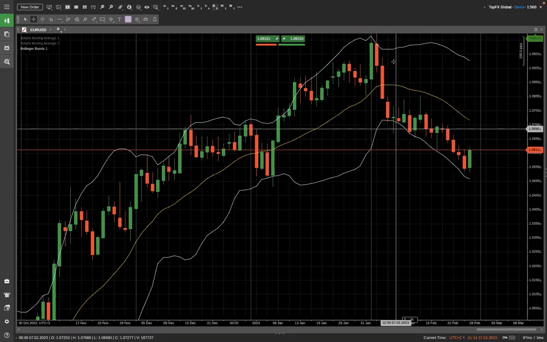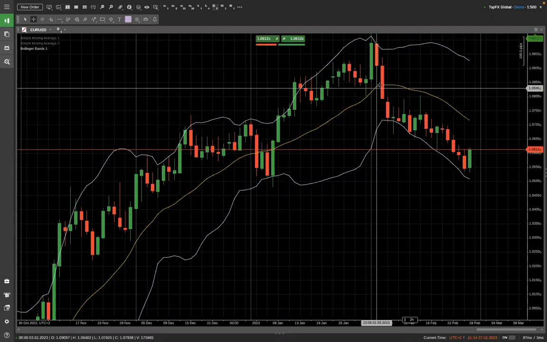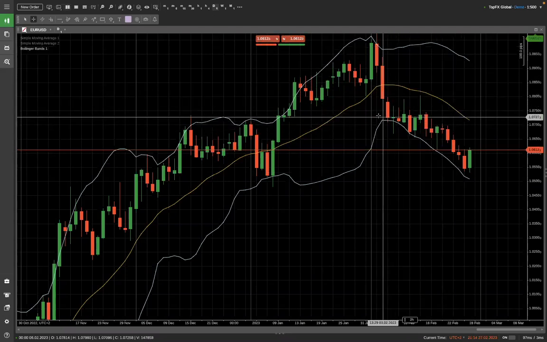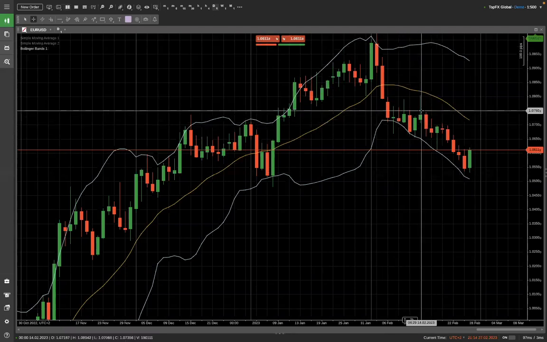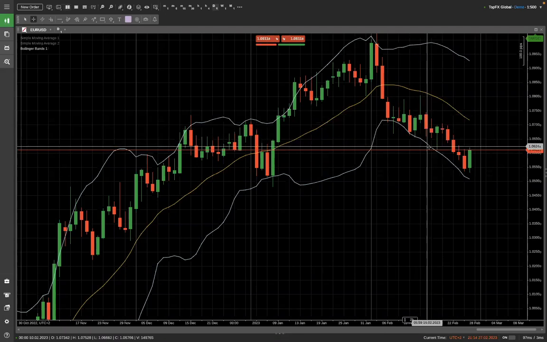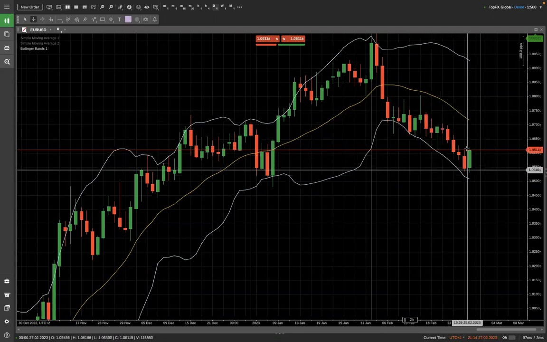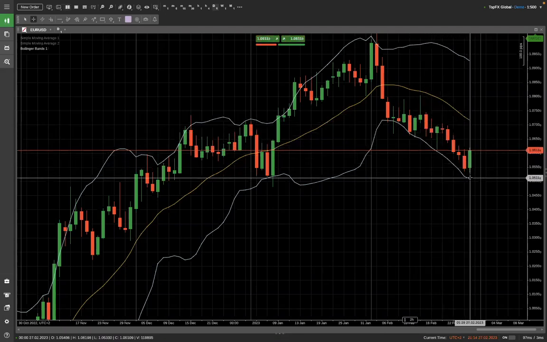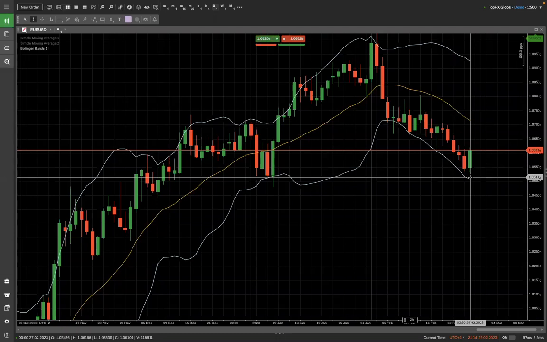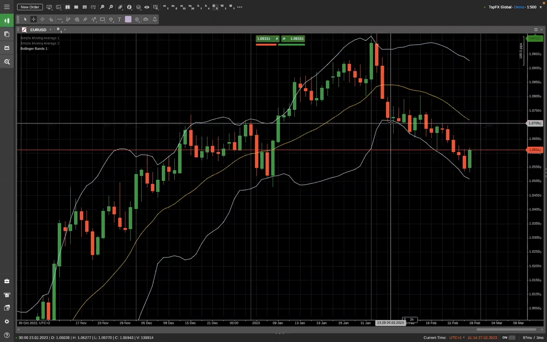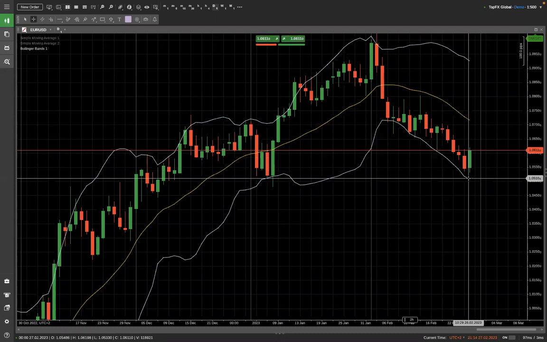So all in all, you have 2 standard deviations from the middle price. Right now, we are trading below the middle price. We are trading lower and lower, close to the lower Bollinger Band, because this is of course the distance that needs to be covered by the market in order to hit the one standard deviation.